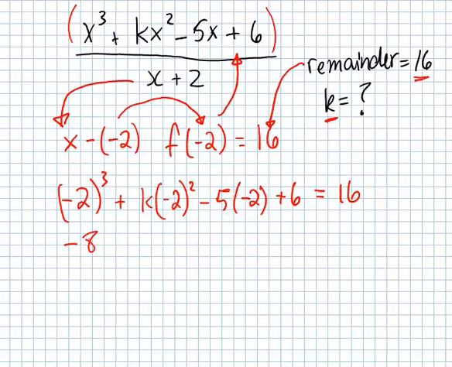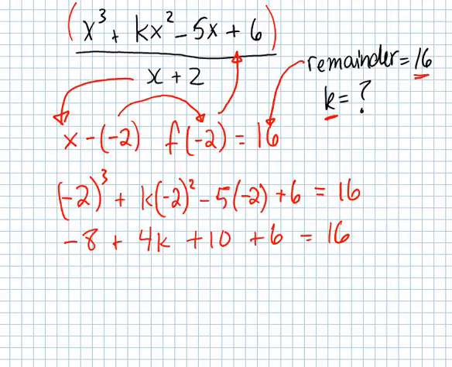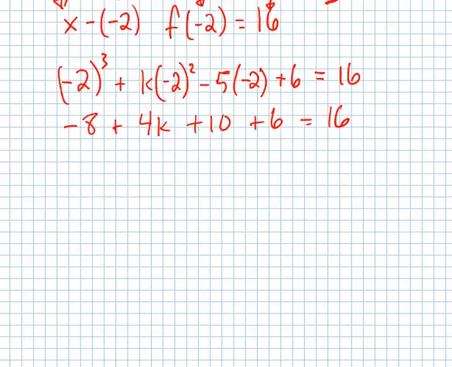This is going to be negative 8 plus 4k plus 10 plus 6 equals 16. Well, negative 8 plus 10 is positive 2, plus 6 is positive 8.